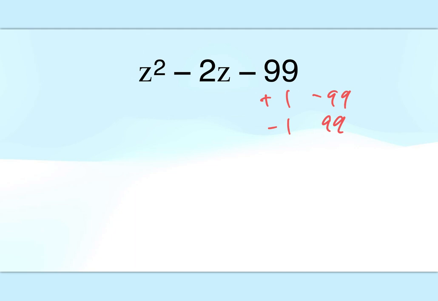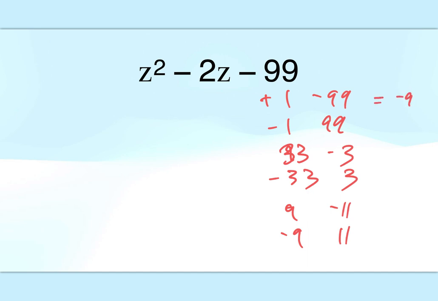And what else? 11 and 9? No, 33 and 3. Or negative 33 and positive 3. Or 9 and negative 11. Negative 9 and positive 11. And once you get a few, start looking at them and say, do any of them add to 2? Let's see, these add to negative 98.